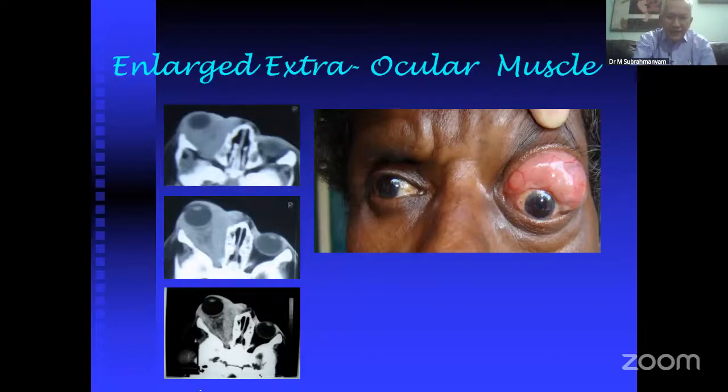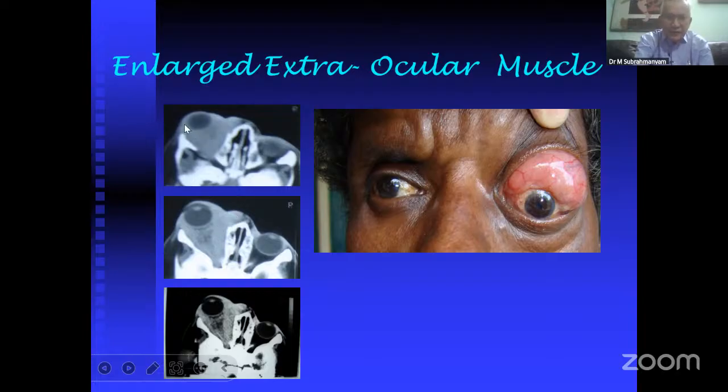Another cause of extraocular muscle involvement, with enlarged medial rectus, is lymphoma. Here you can see the typical pinkish mass arising from the fornix. This is called the salmon patch.